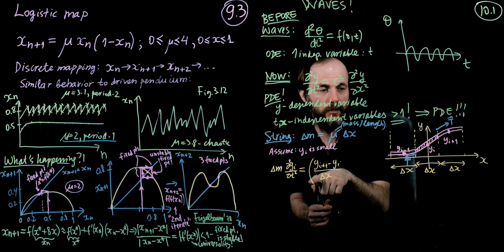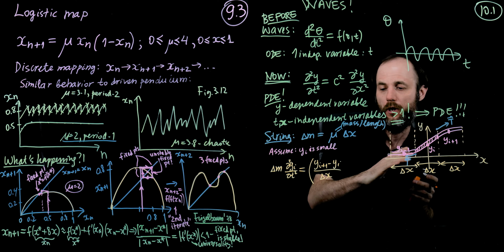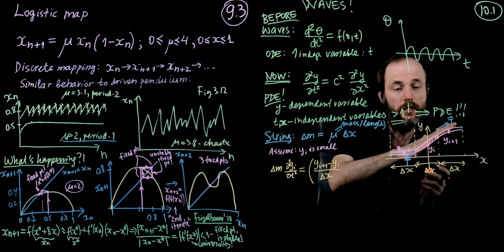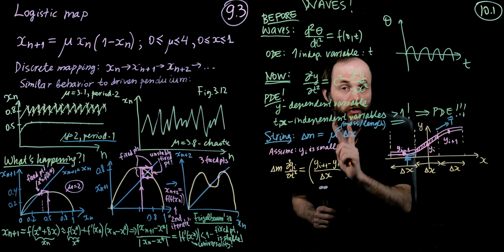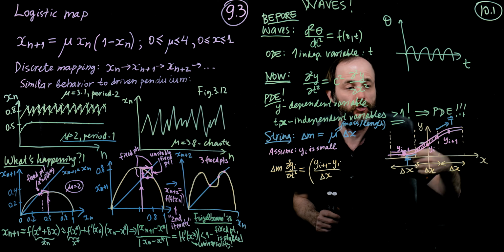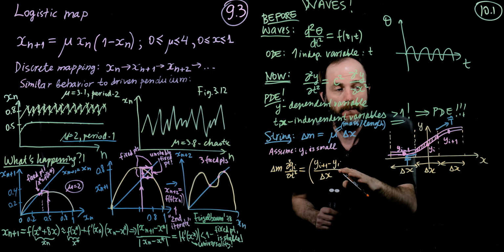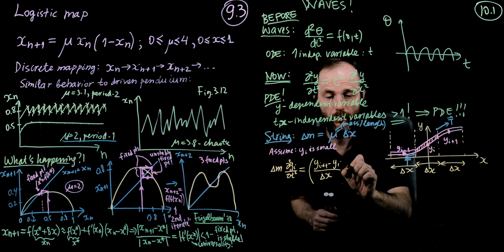So this is the slope of this string with respect to the x-axis. So this is the slope that the string makes with respect to the x direction right here. And T times that slope gives us the y component of the force.